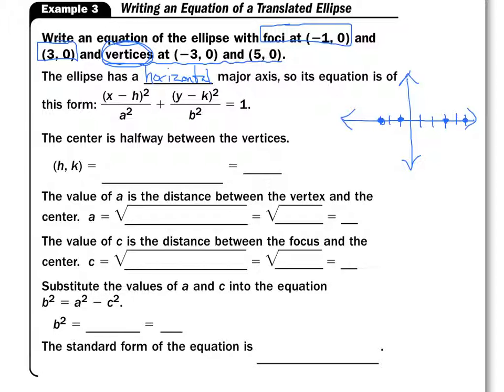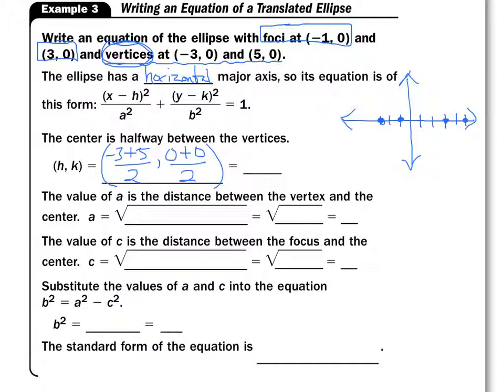Our midpoint formula, of course, is x1 plus x2 over 2, comma y1 plus y2 over 2. In other words, we're finding the mean of the x values and the mean of the y values. So that would be negative 3 plus 5 over 2, comma 0 plus 0 over 2.